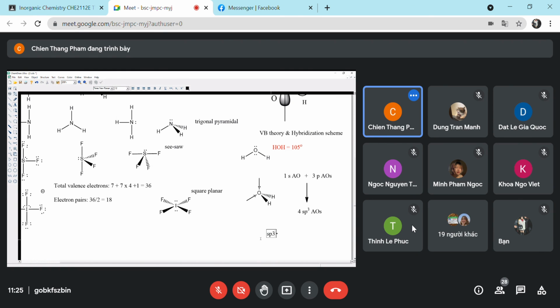However, they translated sp3 into Vietnamese. Do you know what it means? SP is sản phẩm, and sp3 is sản phẩm 3, and sp2 is sản phẩm 2. This is how you learn this.